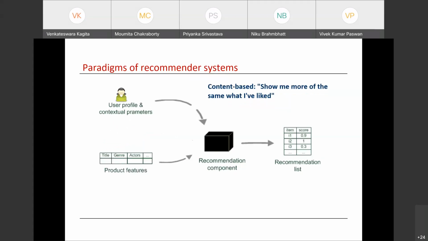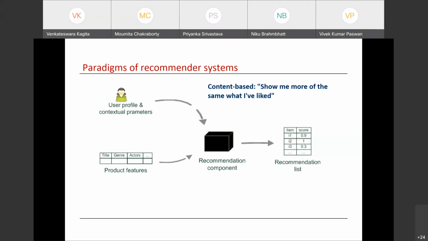Right. In the case of content based, it recommends more of what you have liked in the past. For example, if you have liked comedy movies in the past, it will recommend comedy movies to you in the future. If you have liked drama movies in the past, then it will recommend drama movies. If you have liked fiction novels in the past, it may recommend fiction novels to you in the future. Right. So more of what you have liked in the past. So for this, you require the product features or characteristics.